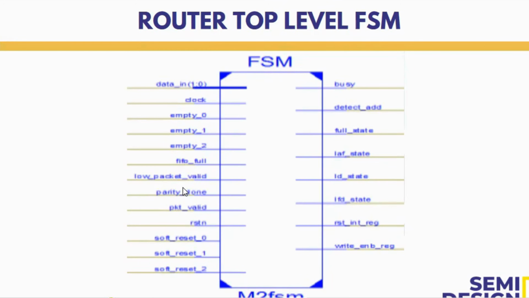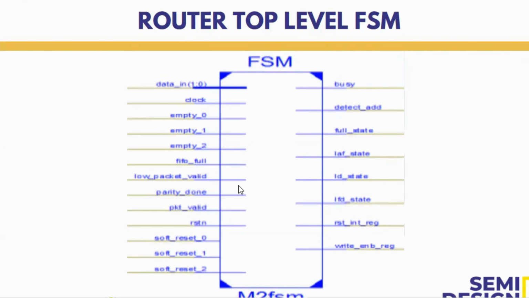Then we have the low packet valid signal and parity done. Parity done means parity checking is completed. And here you can see packet valid and low packet valid, 2 signals. Packet valid you already know. Low packet valid is exactly opposite to packet valid. I already said that after the payload is transferred, it will wait for the parity byte.